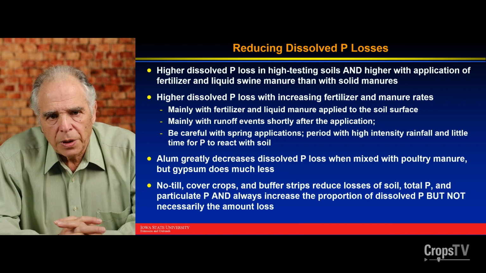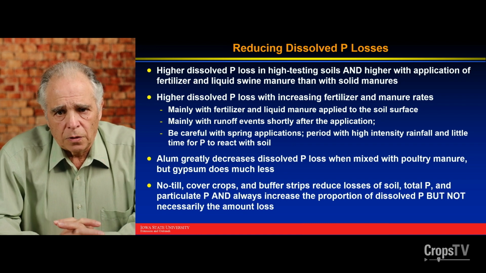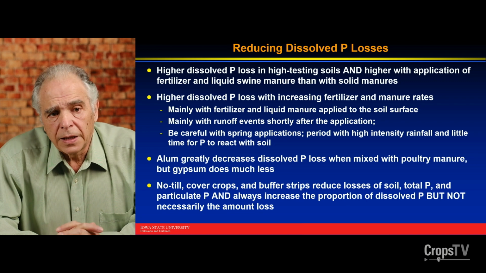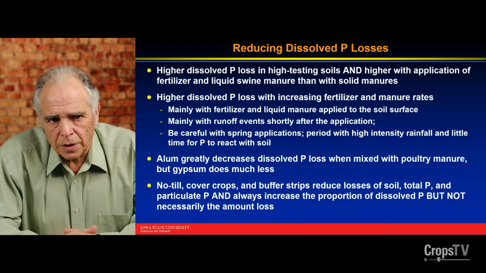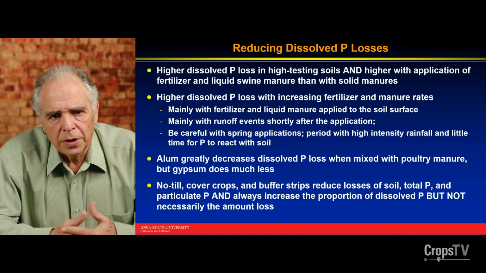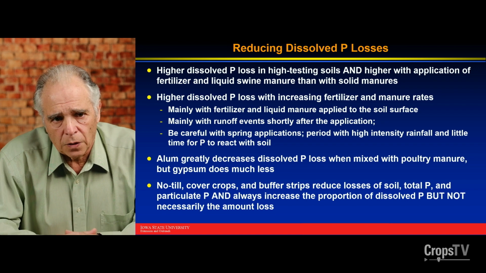And then, be careful with spring applications because this is a period with very likely high intensity rainfall, and there is little time for that phosphorus to react with the soil. The probability that you spread phosphorus in the spring and you get a rain within 2-3 days is much higher than if you do it in the fall.